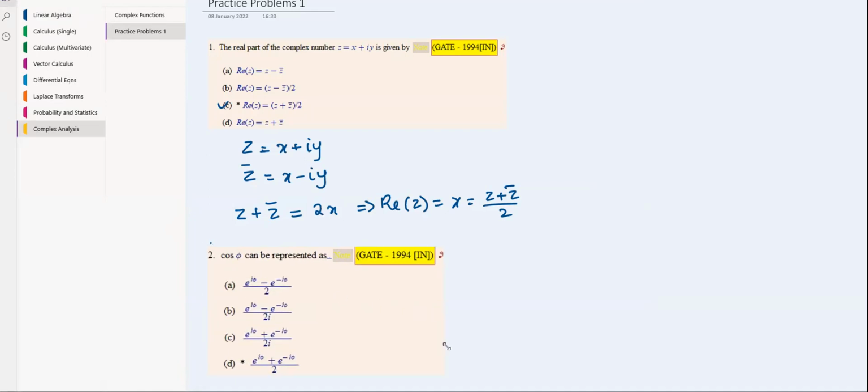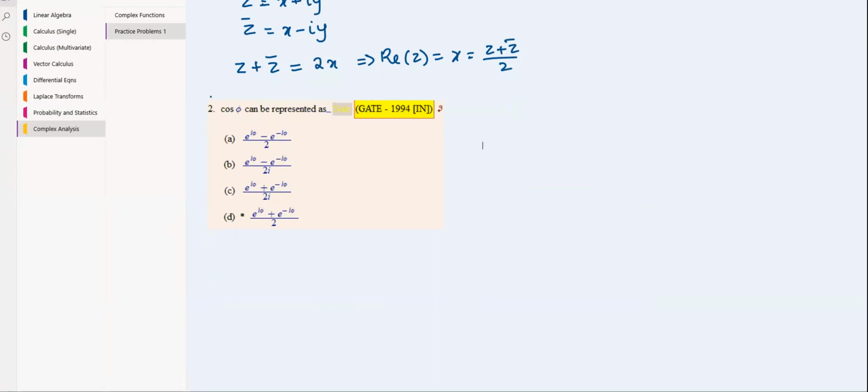So 2 cos phi can be represented as, so this is functions as we discussed recently. Cos phi can be represented as (e power i phi plus e power minus i phi) by 2. Why?